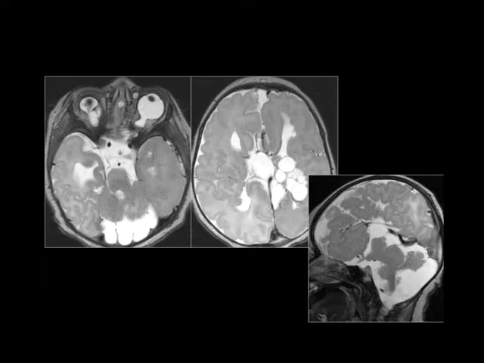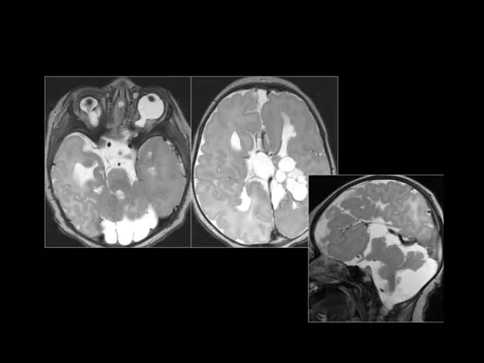On the axial and sagittal sections, the posterior fossa is increased in size, and there is agenesis or hypoplasia of the vermis and also of the cerebellum, and this is associated with cysts.